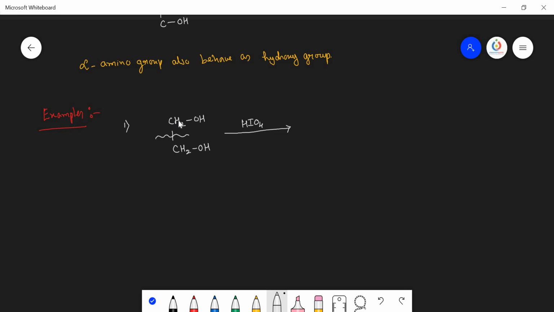And if the carbon atom has at least one hydrogen, that shall be converted to the aldehyde. Here also one hydrogen atom is there, so that also shall be converted to the aldehyde.